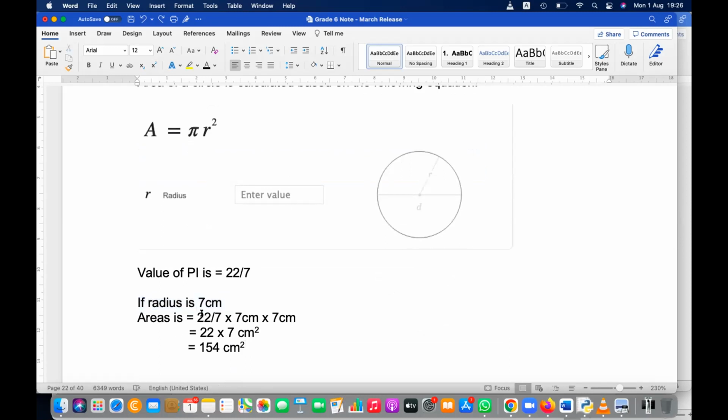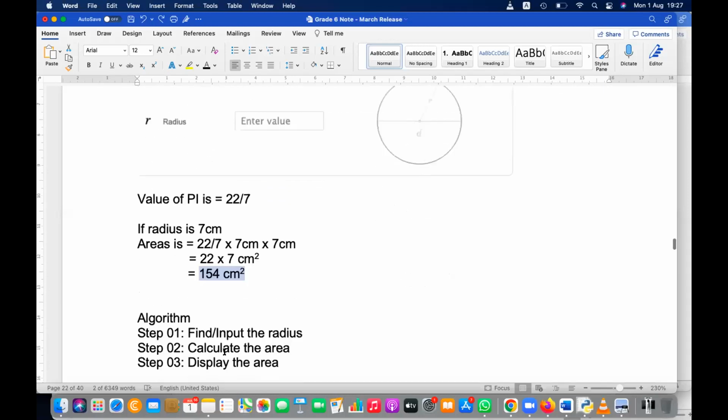Area is 22 divided by 7 times pi, r squared means r two times. Pi is 22 divided by 7, r is 7, r is again 7. When you multiply, you get the area of the circle as 154 square centimeters.